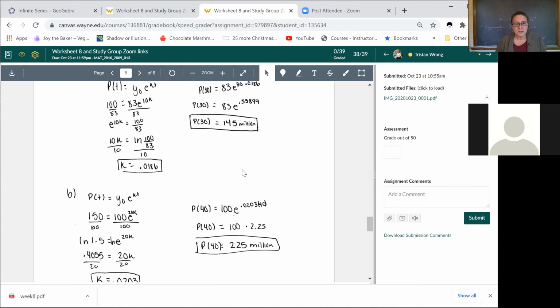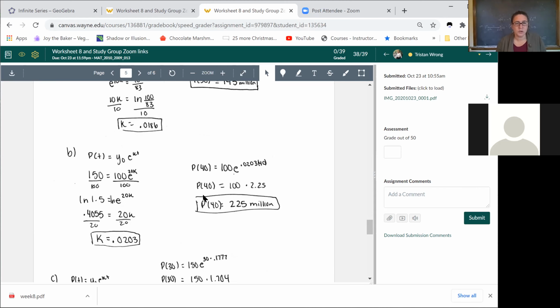So then she did the same thing for the other two. So they want you to redo the calculation with different data to change, and the K changes a little bit every time. So for part B, you get 225, and the population is supposed to be 214, I guess.